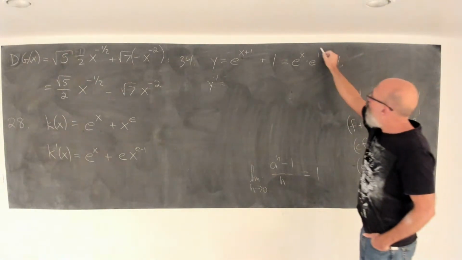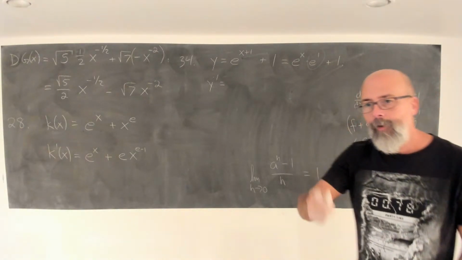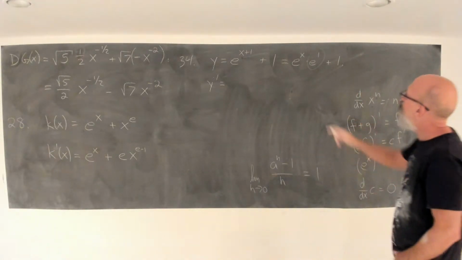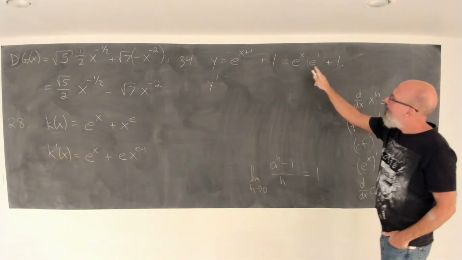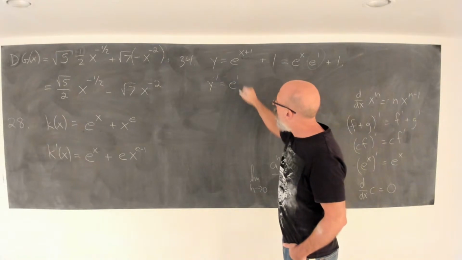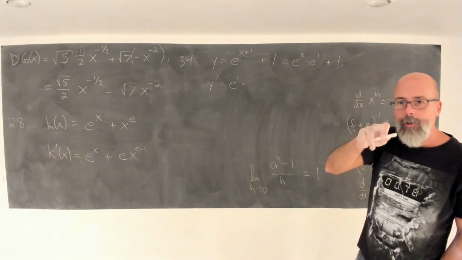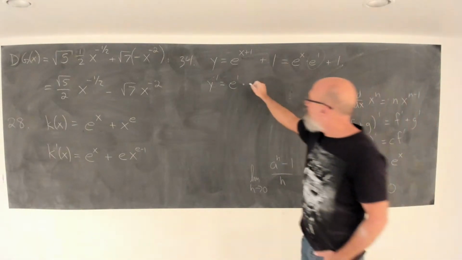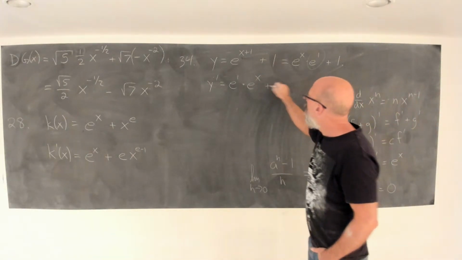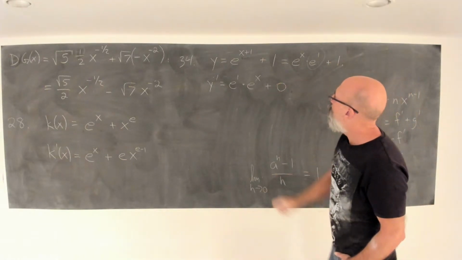And this e to the 1 is just a constant. Right? This e to the 1 is just a constant. So the derivative of a constant times e to the x, we're going to leave the constant aside and just differentiate the e to the x, whose derivative is e to the x, and then differentiate the 1, whose derivative is 0.